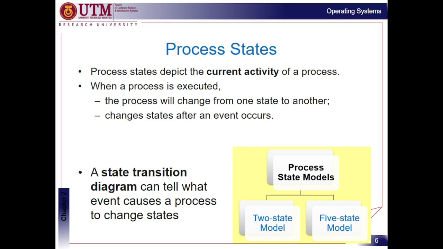While the five-state model is a more realistic model that considers five possible states for a process, which are new, ready, running, waiting, and terminated. We will explain the details and differences of these two models in the next slide.